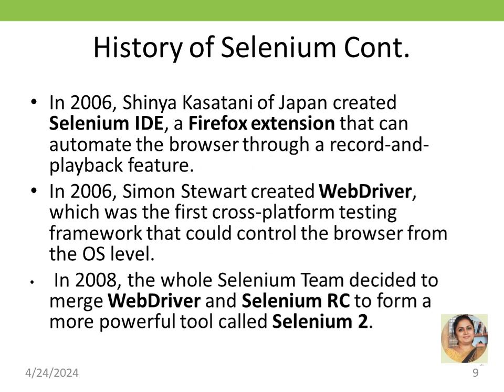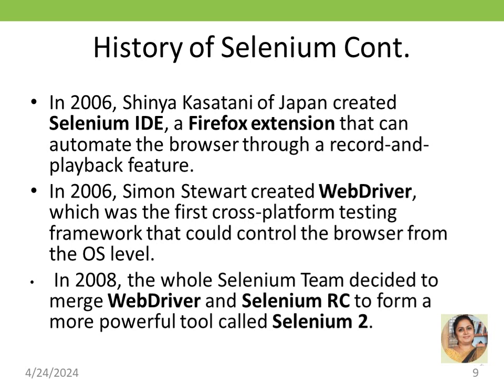In 2006, Shinya Kasatani of Japan created Selenium IDE, a Firefox extension that can automate the browser through a record and playback feature. In 2006, Simon Stewart created WebDriver, the first cross-platform testing framework that could control the browser from the OS level.